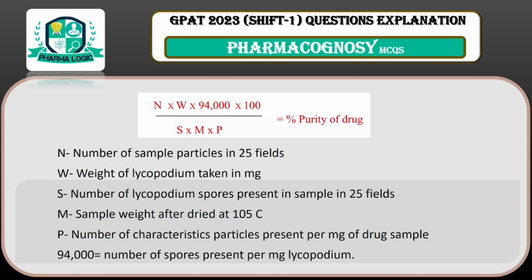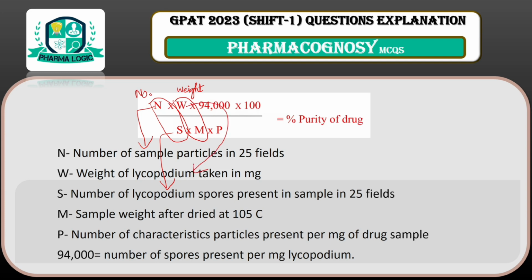This is the calculation part. N into W into 94,000 into 100 divided by S into M into P. N and S indicate the number. W and M indicate the weight. N is the number of sample particles in 25 fields. S is the number of Lycopodium spores present in the sample in 25 fields.